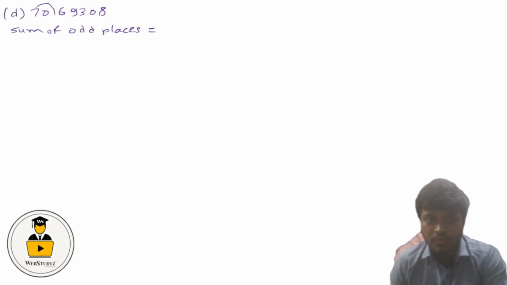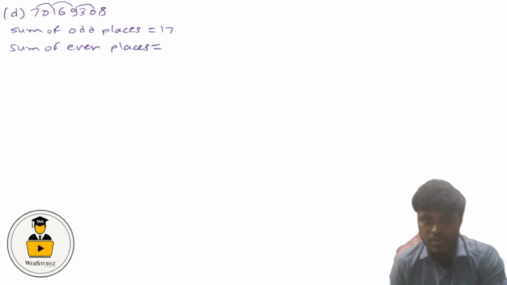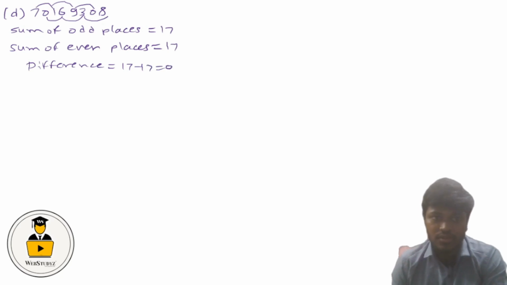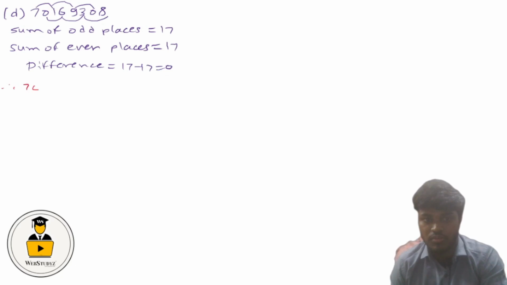It is 7 plus 1, which is 8, 8 plus 9 will be 17, 17 plus 0 will be 17. And the sum of even places will be 0 plus 6, which is 6, 6 plus 3 is 9, 9 plus 8 is again 17. Now the difference will be 17 minus 17, which is 0. Since the difference is 0, we can say that the given number is divisible by 11.